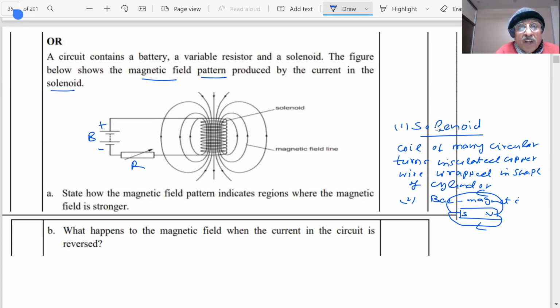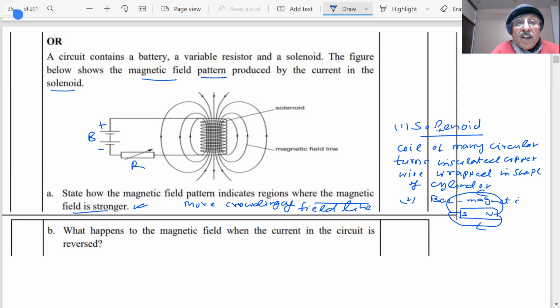The first question asks how the magnetic field pattern indicates regions where the magnetic field is stronger, student. The magnetic field will be strongest where? Where there is more crowding of field lines. Where there is more crowding, there the strength is more.